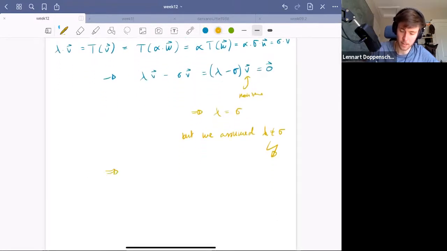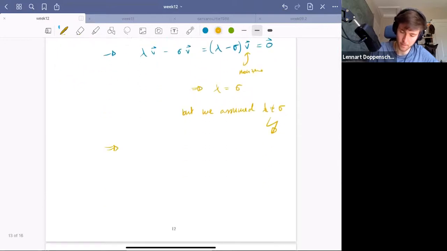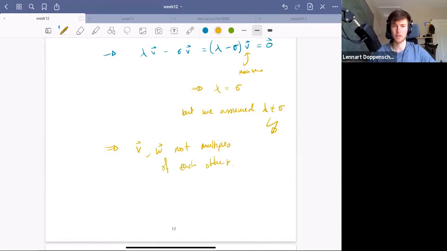So this means that V and W are not multiples of each other, and this is exactly the same as saying that they are independent.